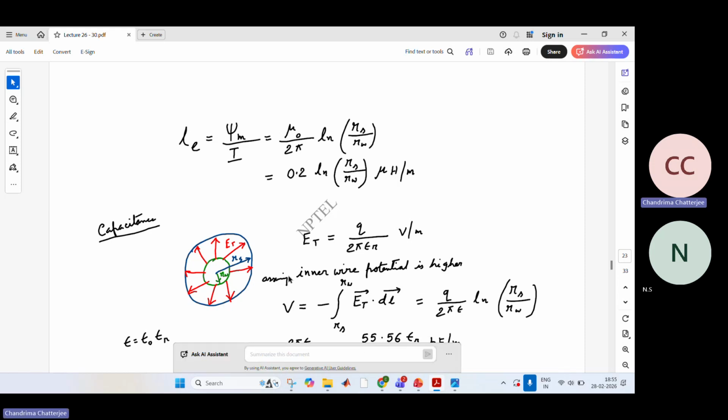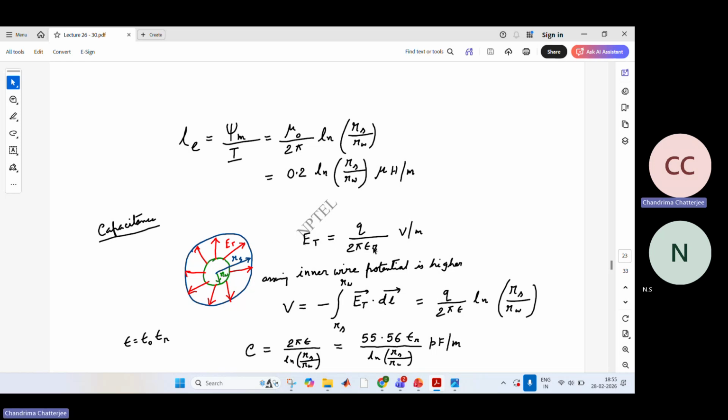And the capacitance, we can also find out what is the per unit length capacitance. For that, these are the electric field lines, right? And what is electric field intensity?